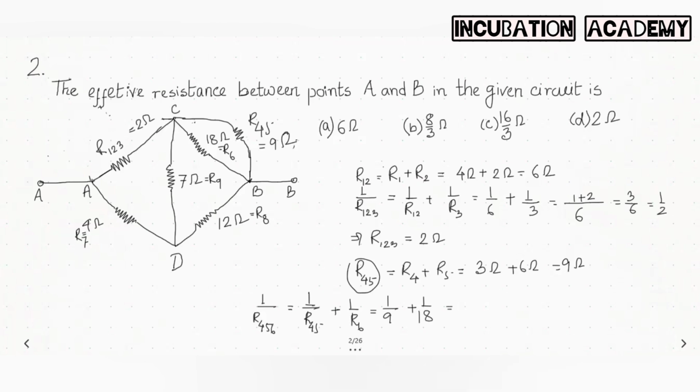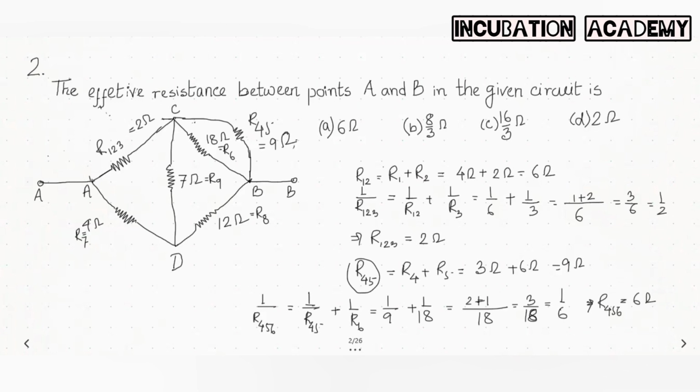The LCM will be 18, so 2 plus 1, that is 3 divided by 18, which is 1 by 6. So very simply, my R456 will be 6 ohm.